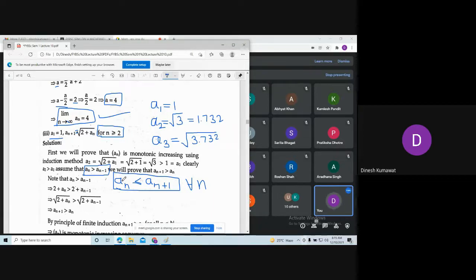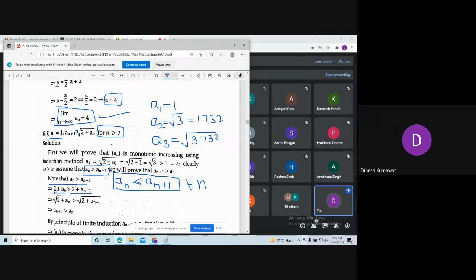Now for that, what we are going to note: a(n) is bigger than a(n-1). Now you add 2 on both sides. Here we have 2 plus a(n), and here we have 2 plus a(n-1).